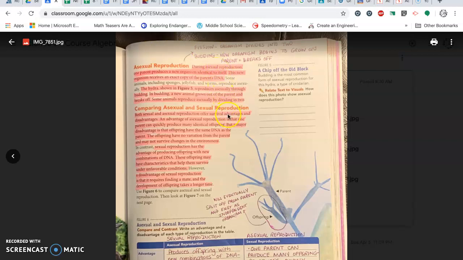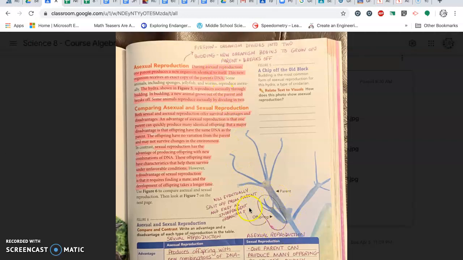Budding is another way that they can do that. This is an example of budding down here. So budding is basically like a small organism starts to grow off of the parent, and eventually it splits off and is its own individual. Now it still is going to be genetically identical to the parent.